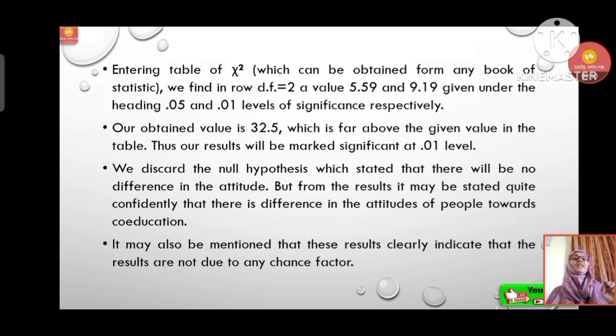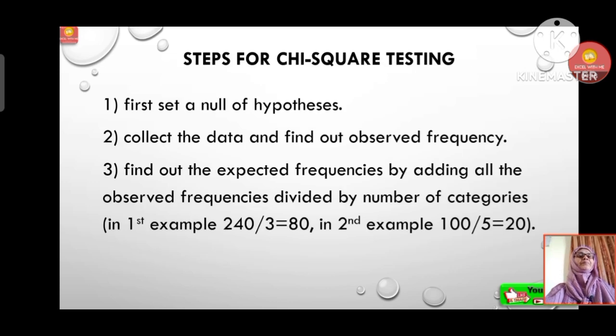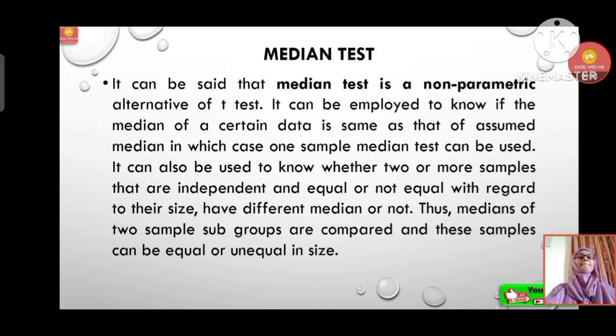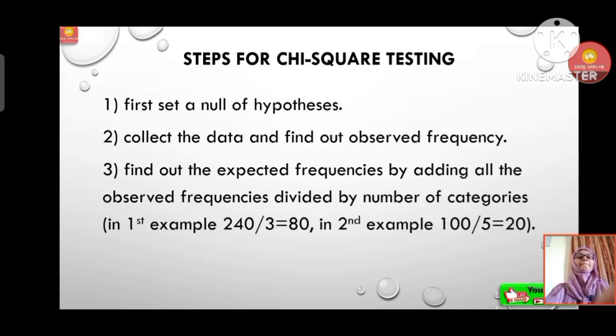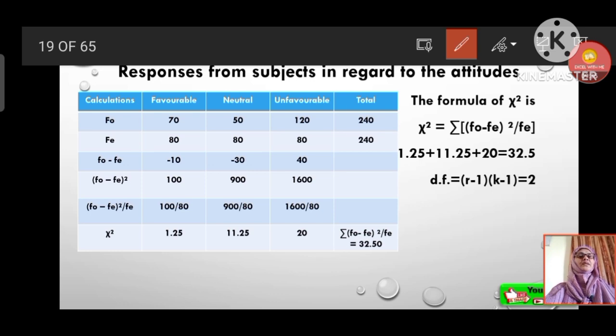Now our obtained value is 32.5. You can see here, in the previous one we got it as 32.5.